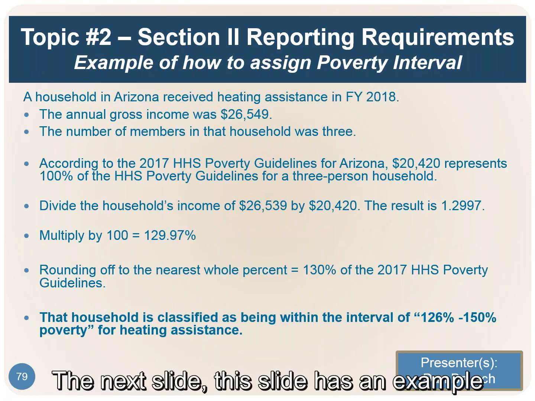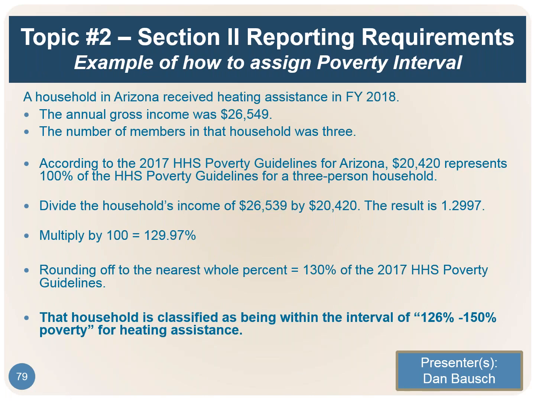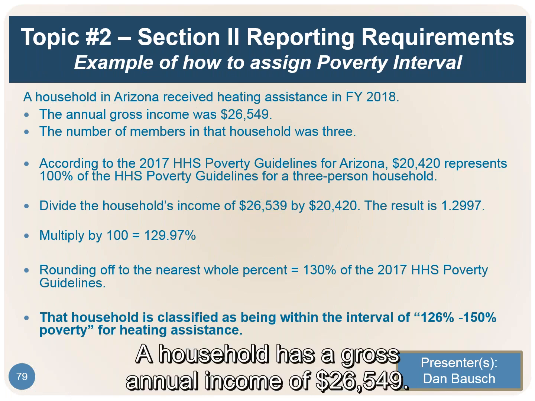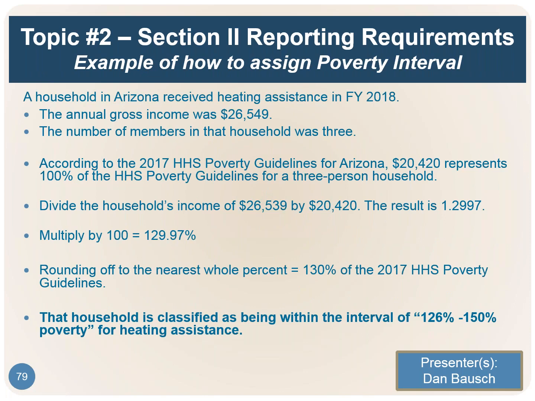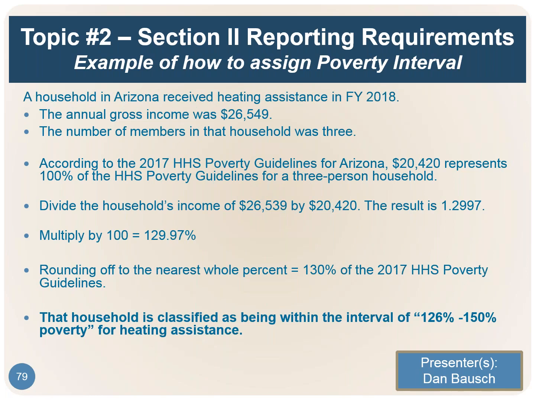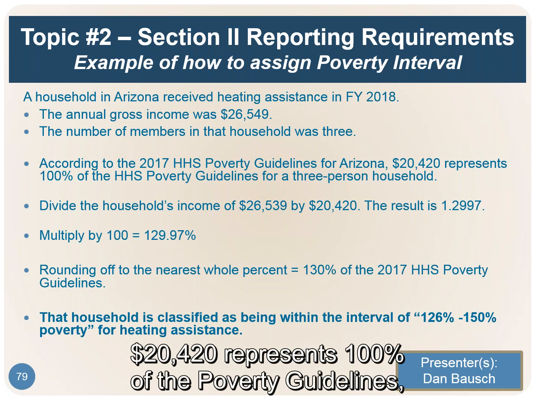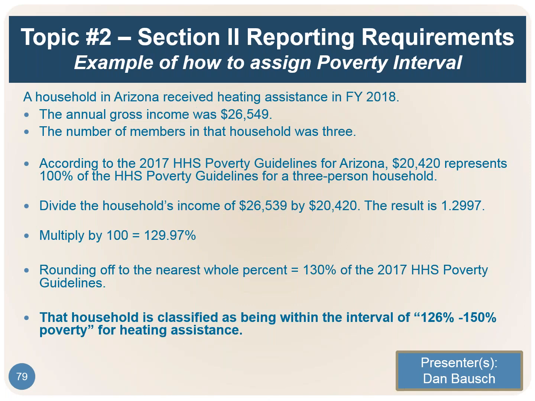The next slide has an example of what this might look like. So a household has a gross annual income of $26,549. They have 3 household members. According to the 2017 poverty guidelines, for Arizona, 20,420 represents 100% of the poverty guidelines.